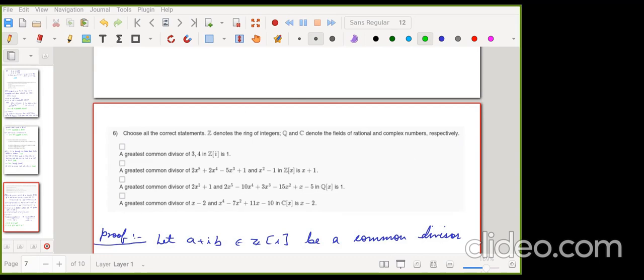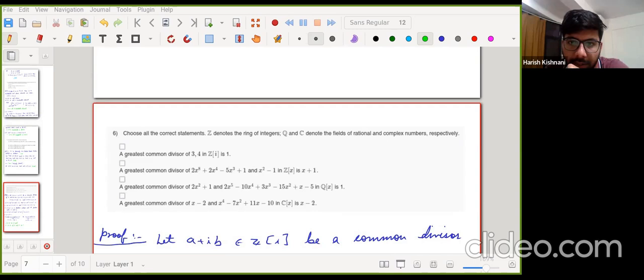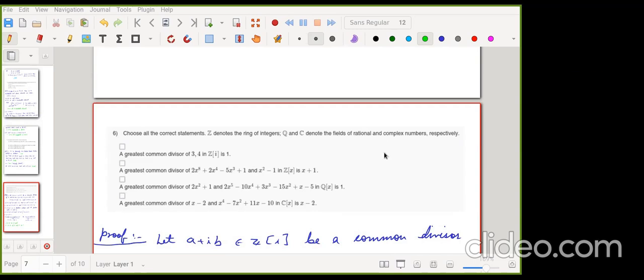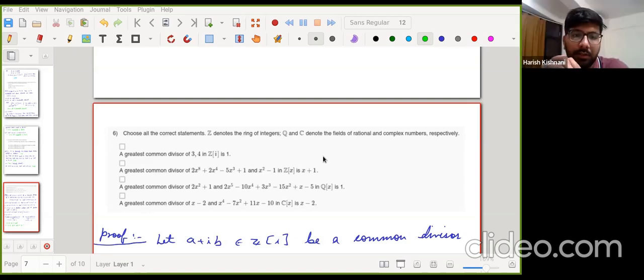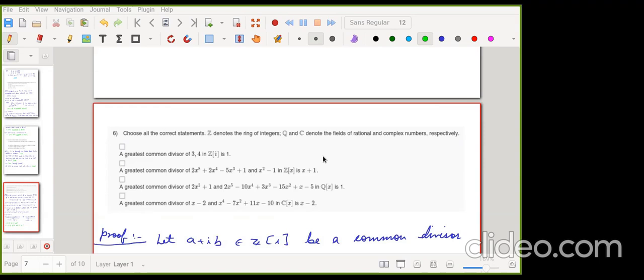R and C denote the fields of real and complex numbers respectively. One option: there exists an onto ring homomorphism from R[X,Y] to the complex number system. Another: there exists a ring homomorphism from C to R. Another: there exists a ring homomorphism from R to C. The fourth: there exists a surjective ring homomorphism from R to C.